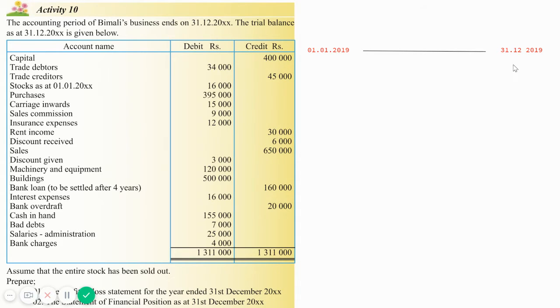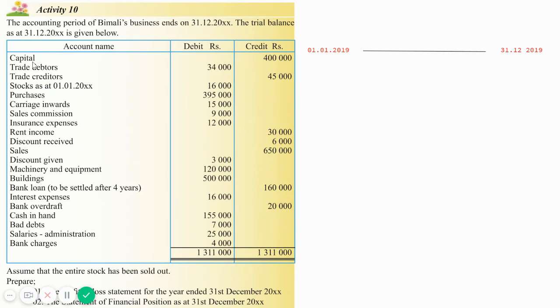They have told us that the last date of the accounting period will be 31st December 2019, and from there onwards you have to calculate 12 months, so then you will end up with 1st January 2019. So this is the accounting period, or the financial period, that we are going to consider in preparing our financial statements.